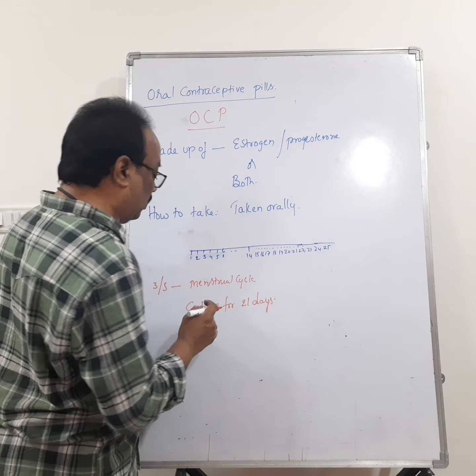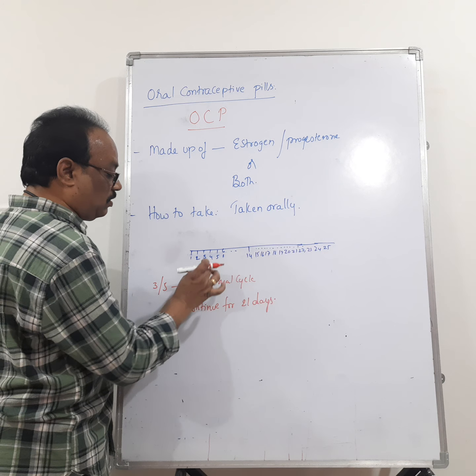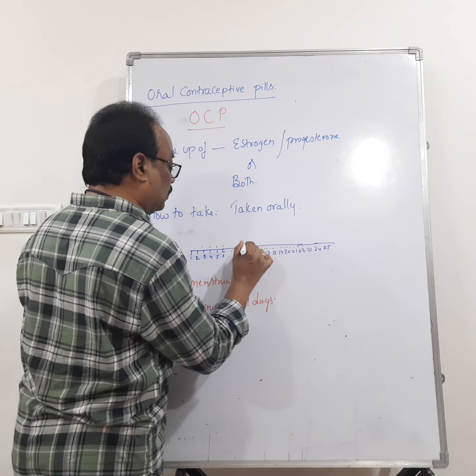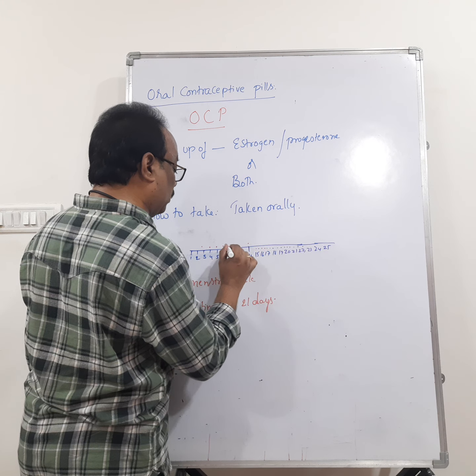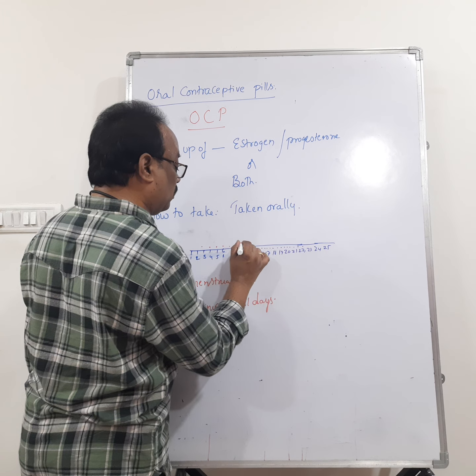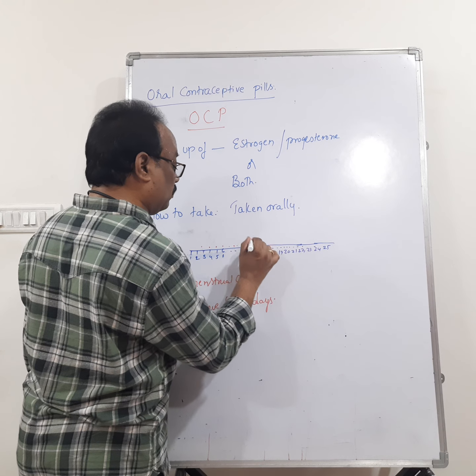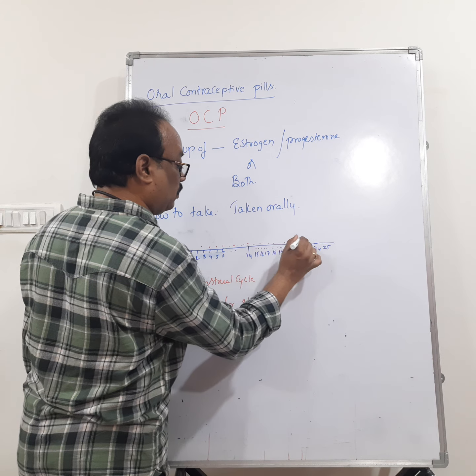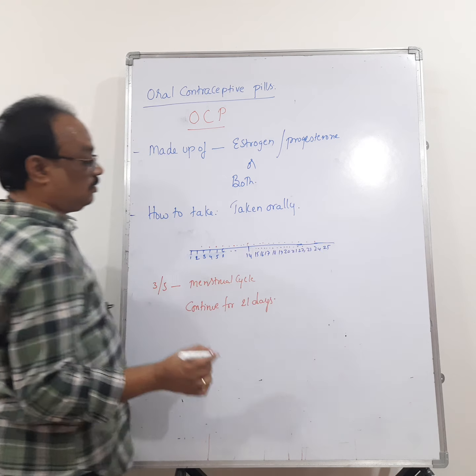Suppose a woman is taking the oral contraceptive pills from the 3rd day. First one, second one, third one, and so on up to 21, like this.